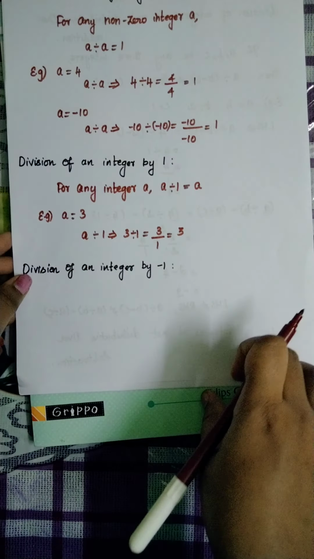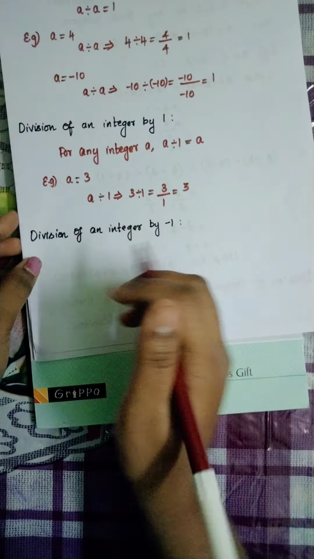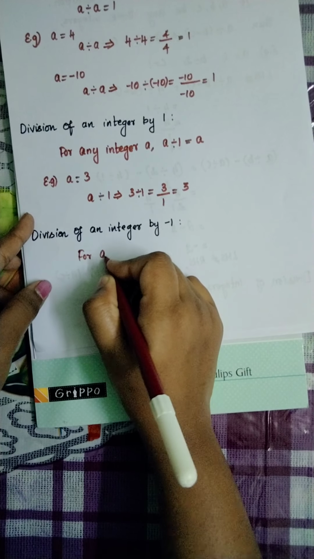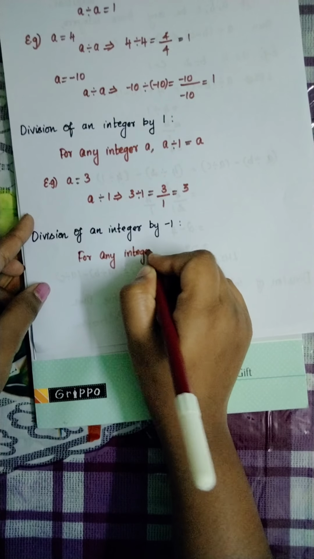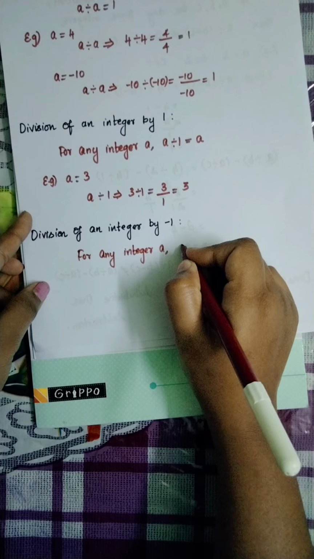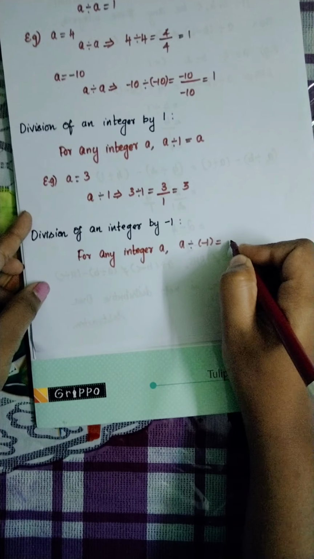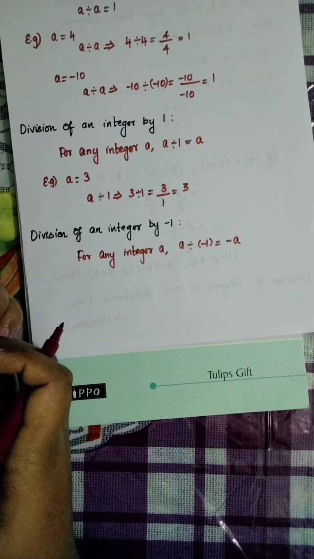Okay, our next property is division of an integer by minus 1. Here for any integer a, a divided by minus 1 is equal to minus a.